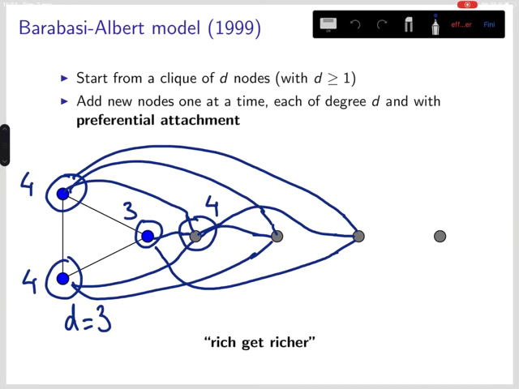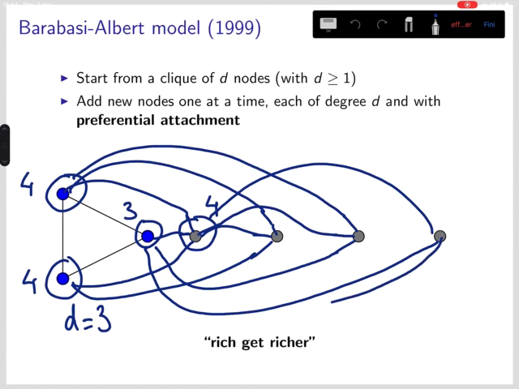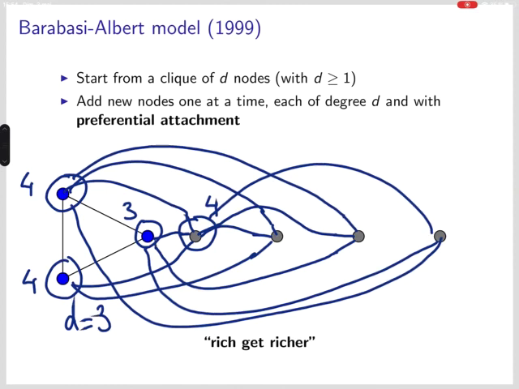And this simple phenomenon, the rich get richer, means that you will at the end create rich nodes, which means hubs having a high number of connections to the rest of the graph. So you do this again for each node, and you get a graph with hubs, and you can prove actually that when n tends to infinity, you get a power law.